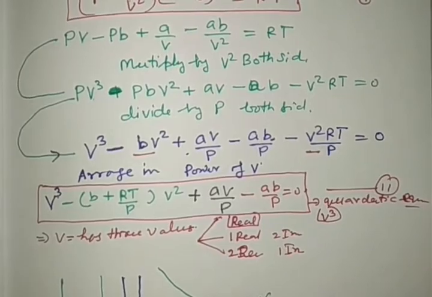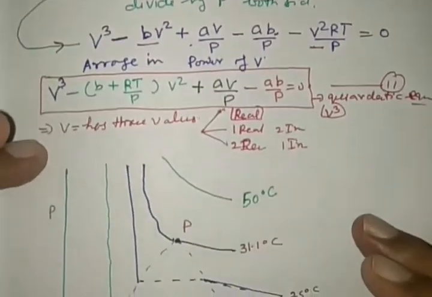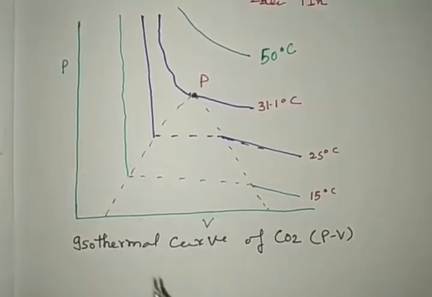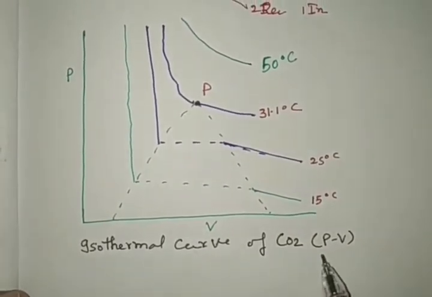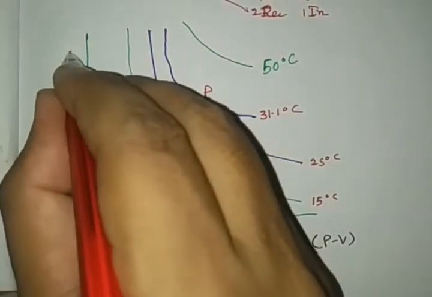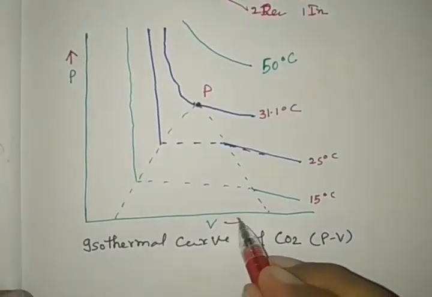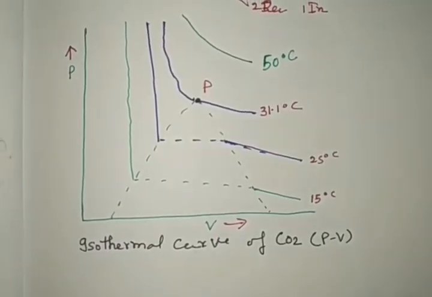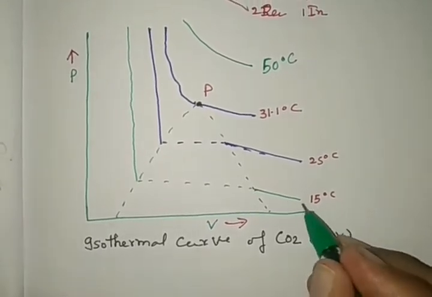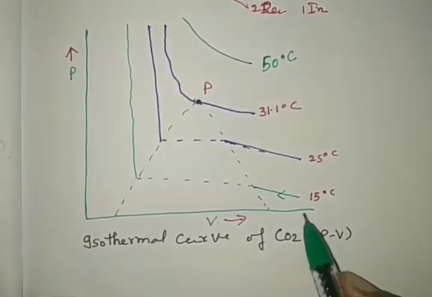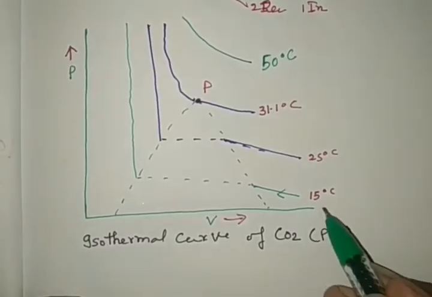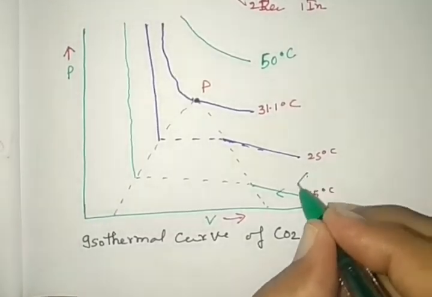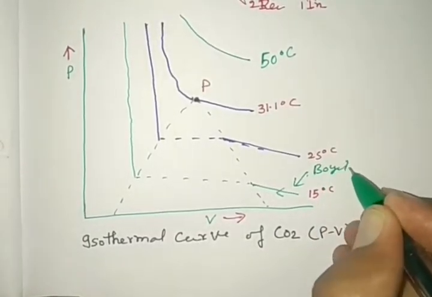But see carefully this graph here. This graph is the isothermal curve of carbon dioxide, with pressure on the y-axis and volume on the x-axis at different temperatures. At 15 degrees centigrade, as pressure increases, volume decreases, obeying Boyle's law.